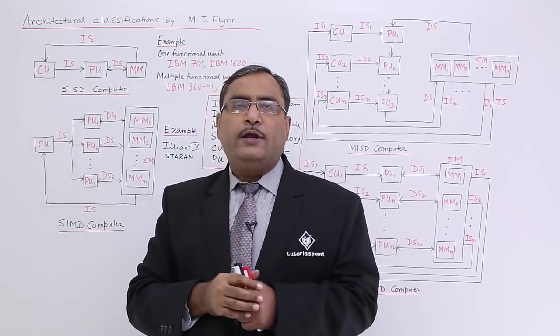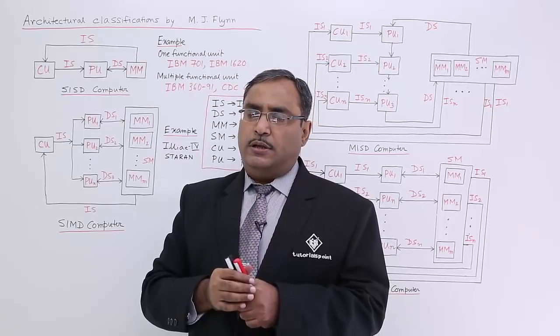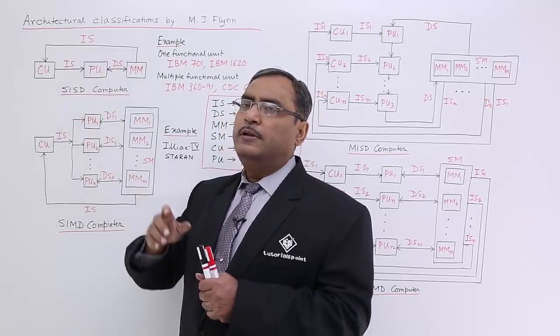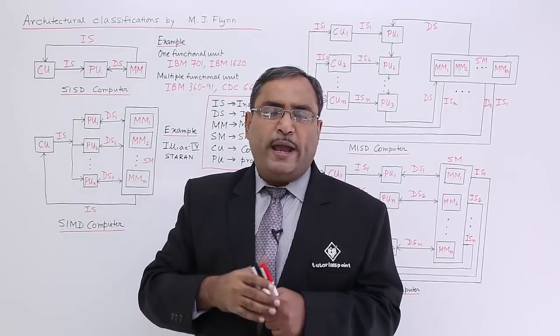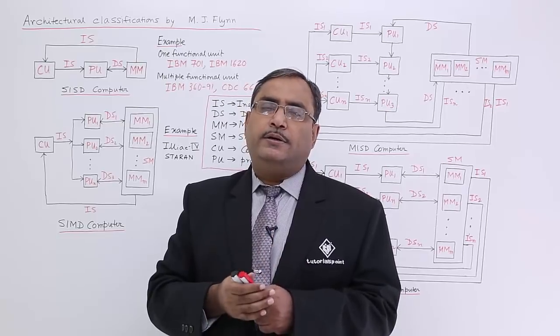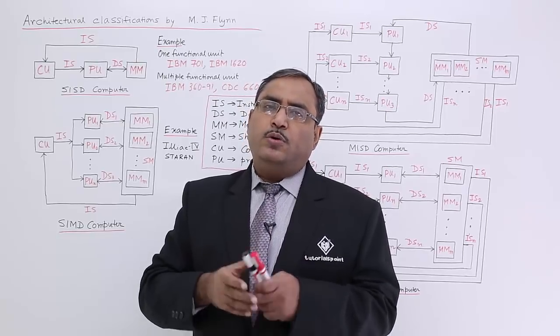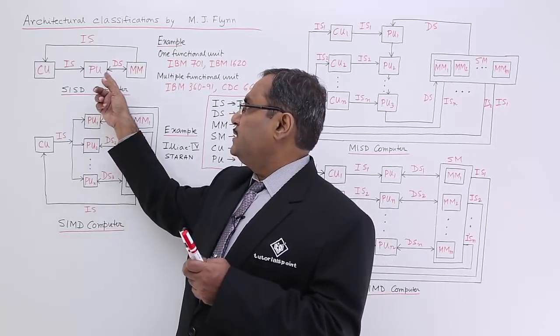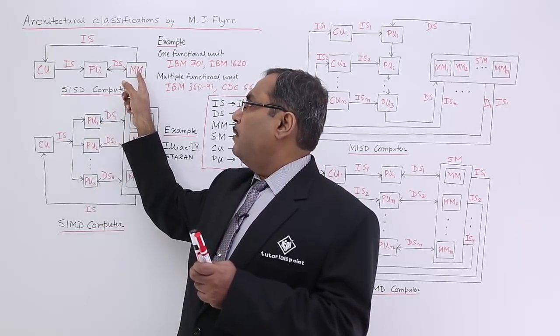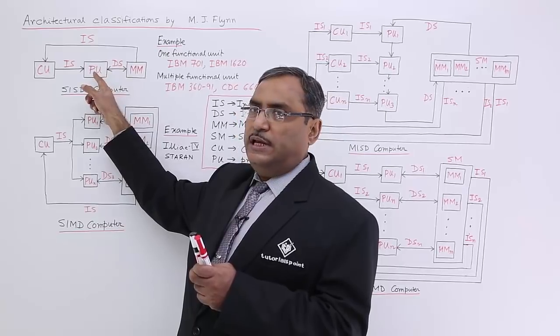Control unit will decode the meaning of the instruction, and the decoded version of the instruction will be made available to the processor unit to execute that instruction, that means to perform the intent of the instruction. To execute the instruction, it requires the data on which it will be operating. So, data will come from the memory module to the processor unit.